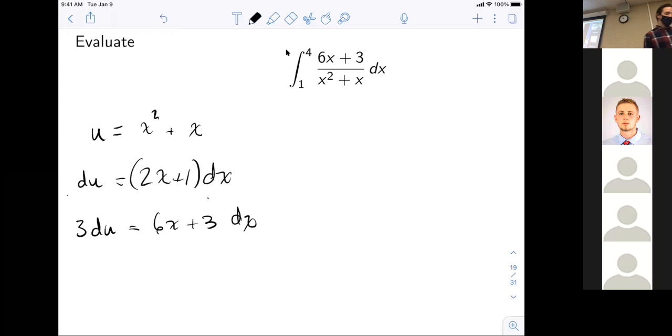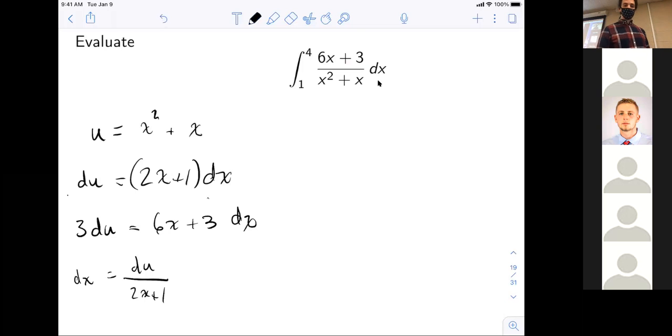Or again, you could also just solve for dx and get dx is du over 2x plus 1. Plug that in and hope everything cancels, right? For this one, if you're not great with algebra, you might not see that 6x plus 3 divided by 2x plus 1 is just 3.